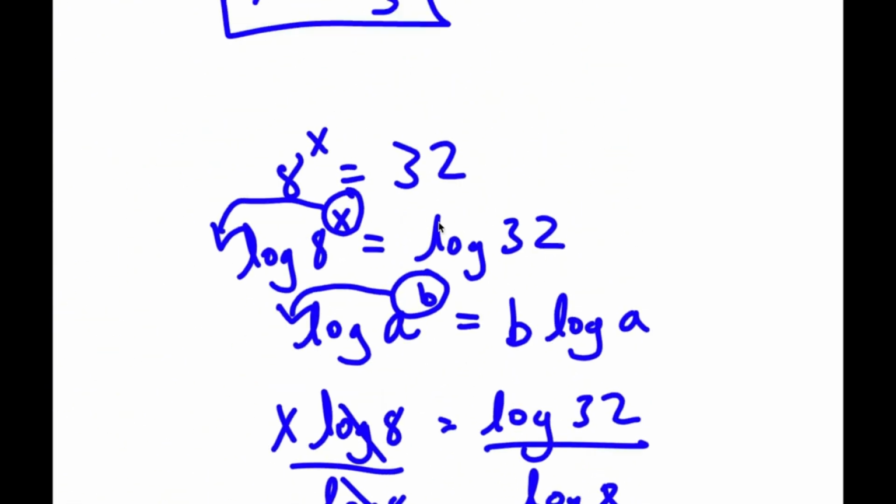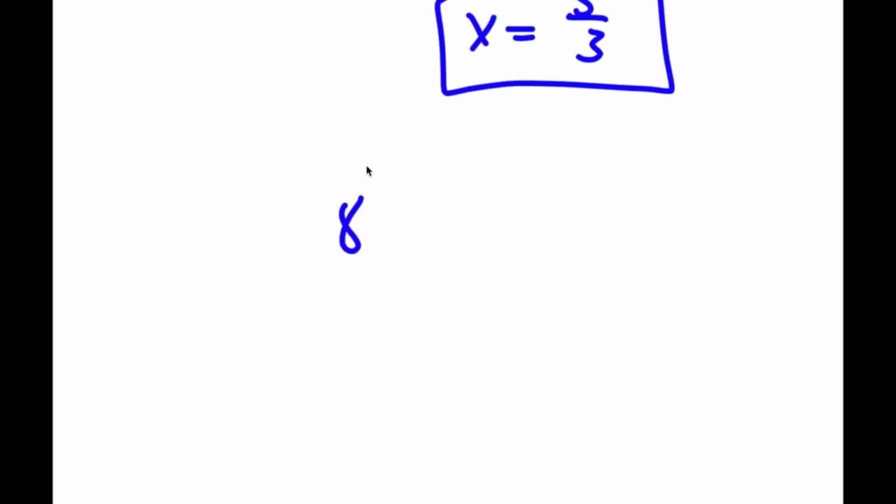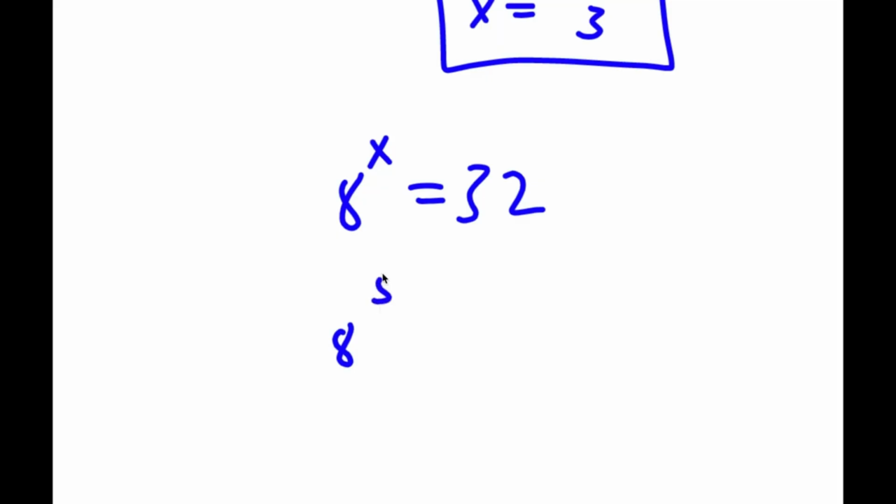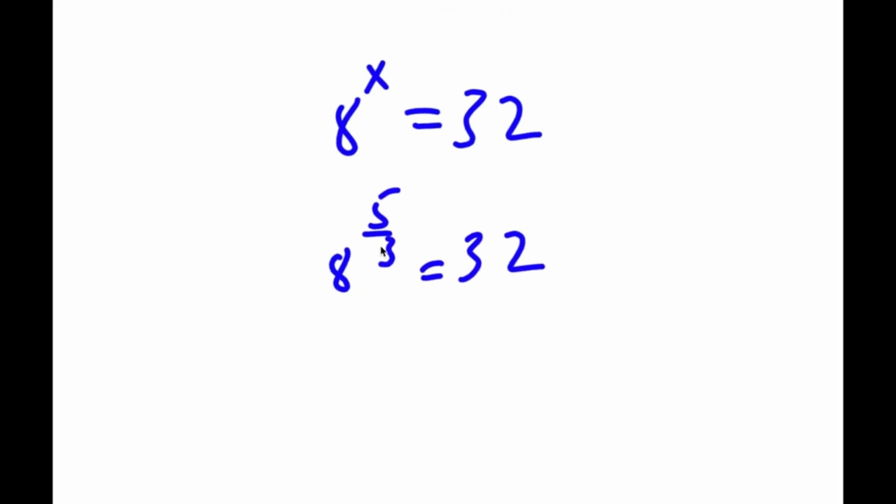Now to check, we have a to the power of x is equal to 32. X is equal to 5 over 3, so I have a to the power of 5 over 3 is equal to 32. Now a to the power of 5 over 3 is the same thing as the cube root of a to the power of 5, is equal to 32.